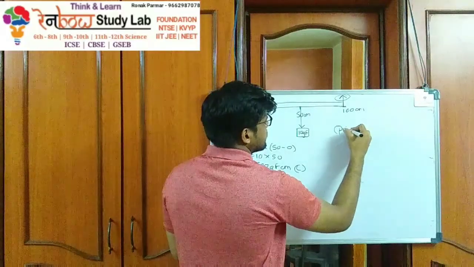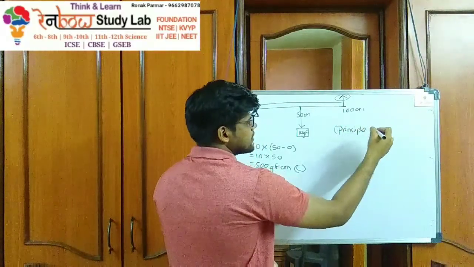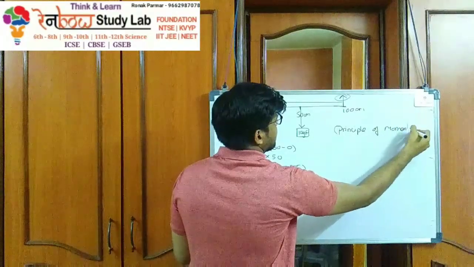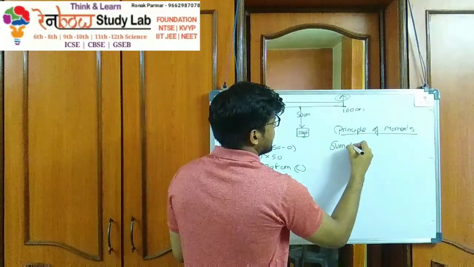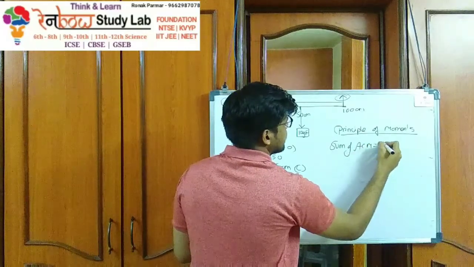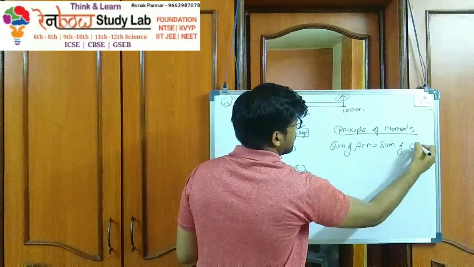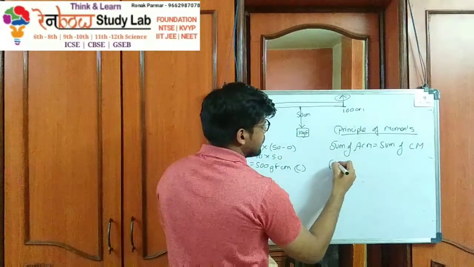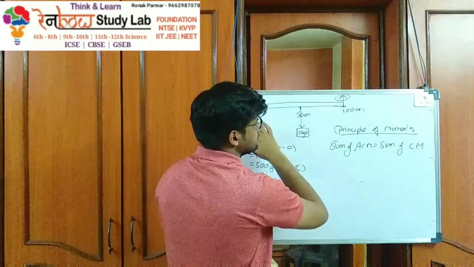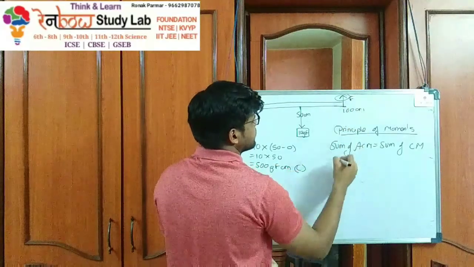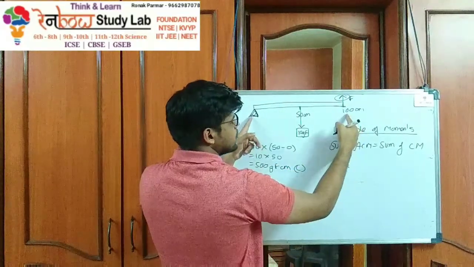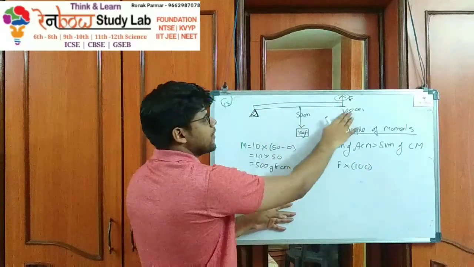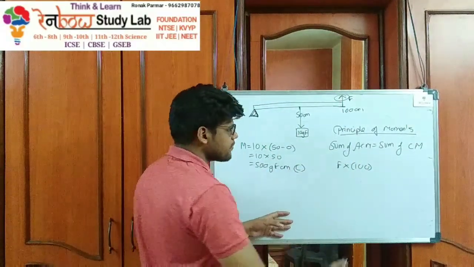Principle of moments. Whenever it is about balancing, then it will be the principle of moments. Sum of anti-clockwise moments is equal to sum of clockwise moments. This is creating anti-clockwise. So let the force be F, and the distance between the pivot point and the point of application is 100.